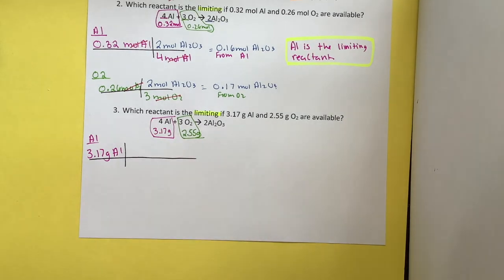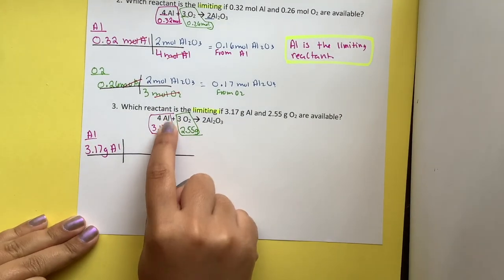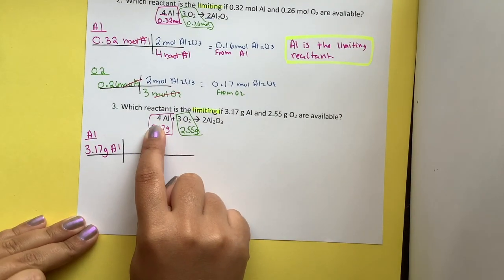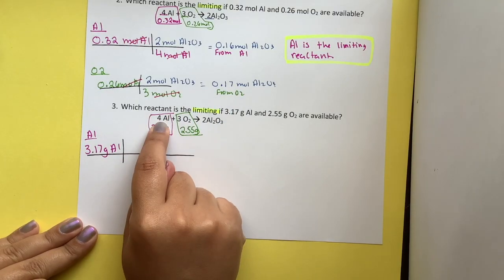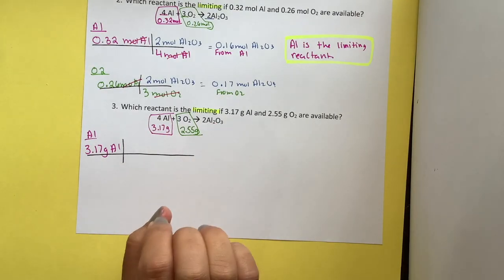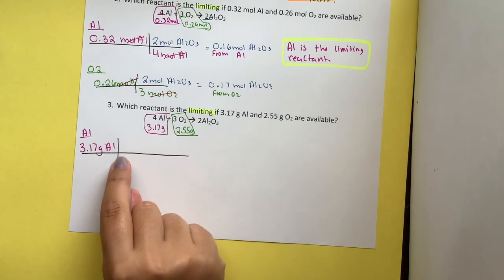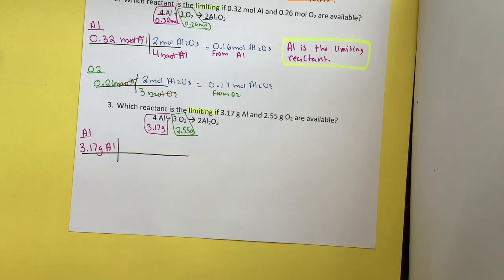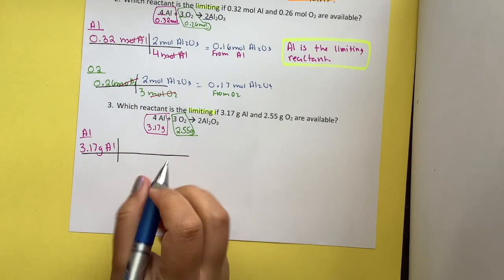Now, in this case, it's a little bit different because we're starting with grams instead of moles. Remember that this is a stoichiometry problem, because we're converting from one compound to another compound in an equation. Since we're in grams of aluminum, the first thing we need to do is go from grams of aluminum to moles of aluminum by using the molar mass of aluminum.